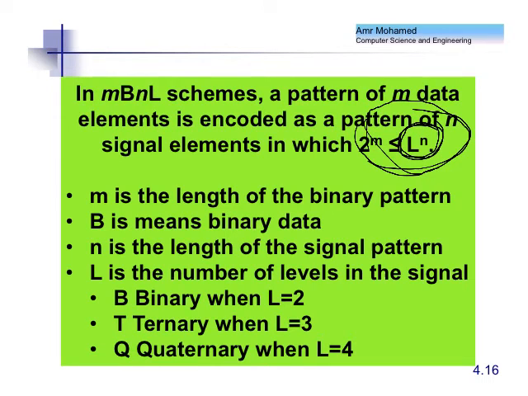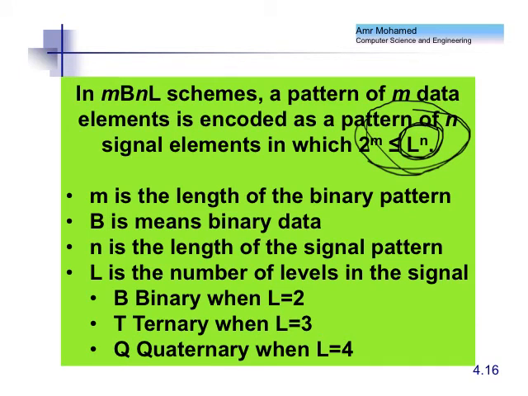Okay? So the first half here refers to the data side, or the digital bits. The second half of the naming convention refers to the signal representation, or the signal combinations. Where N refers to the number of signal elements.